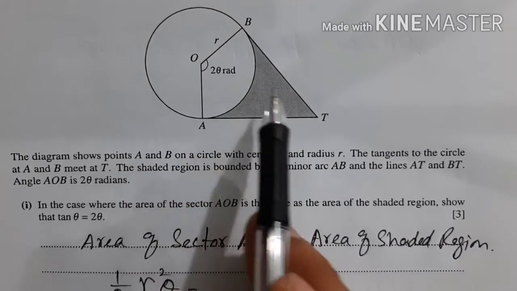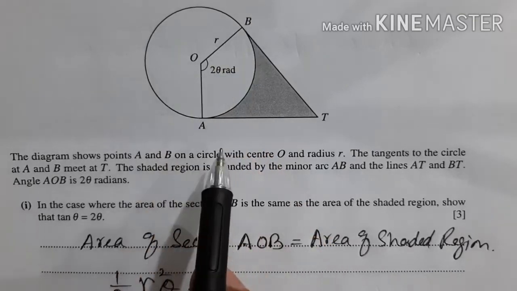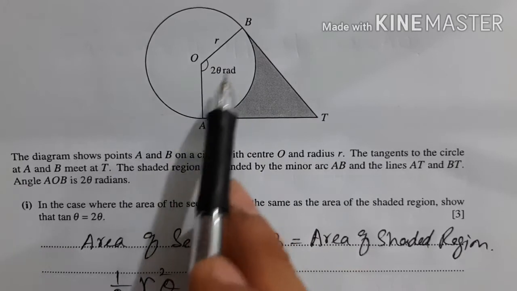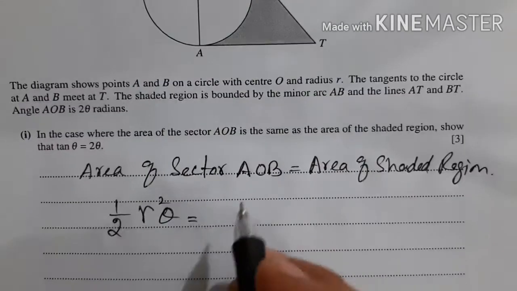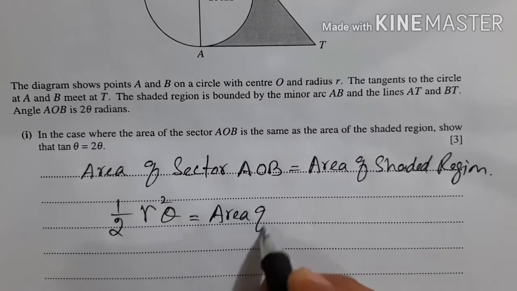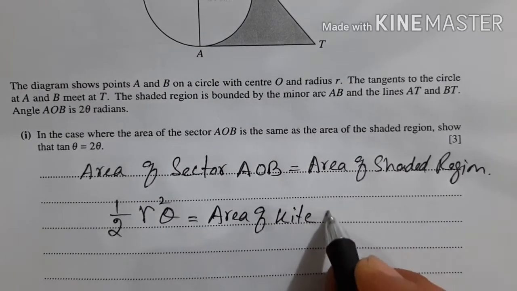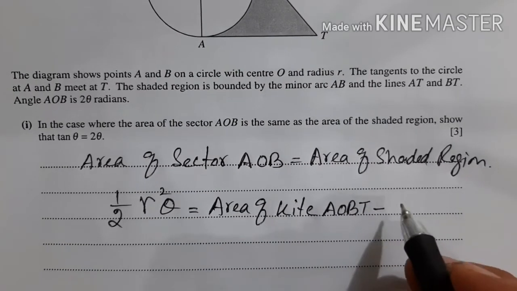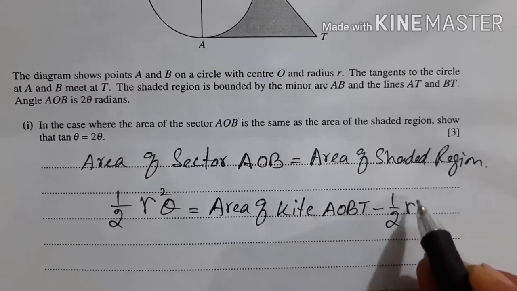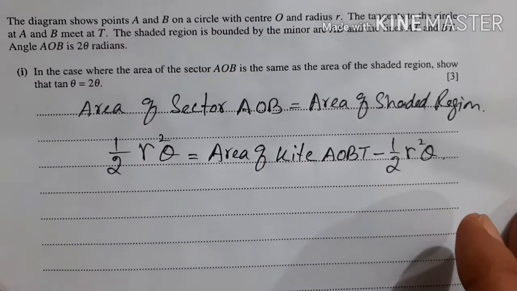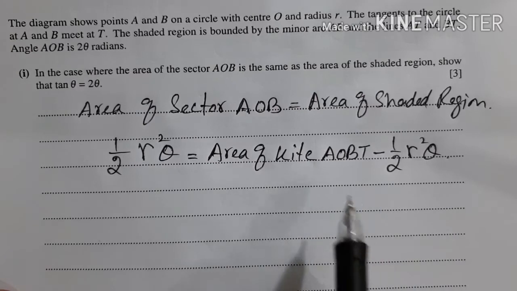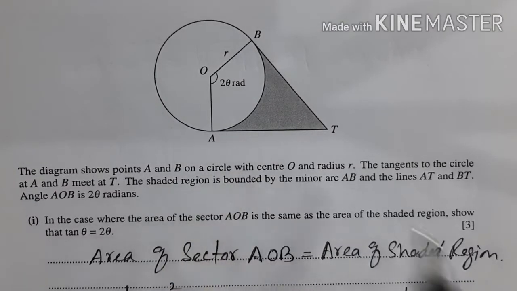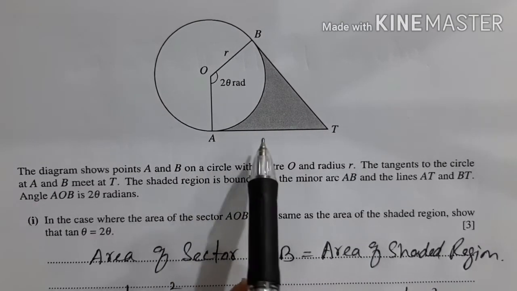How can I find the area of the shaded region? I can see there is a kite AOBT. So the area of the kite AOBT minus the area of the sector gives the area of the shaded region. For that we need the value of AT first.